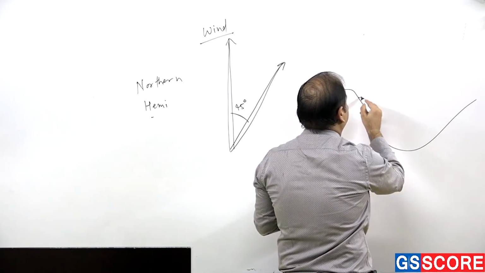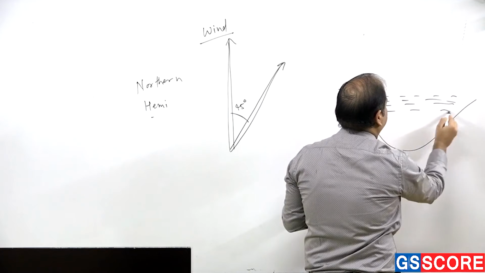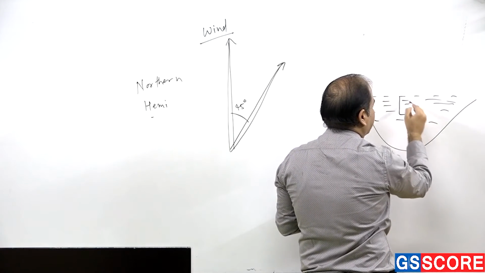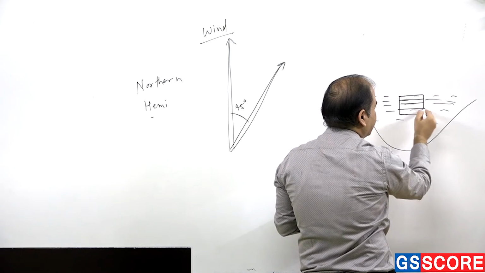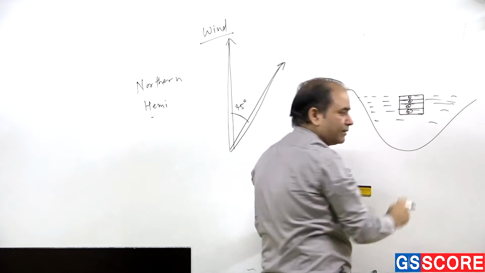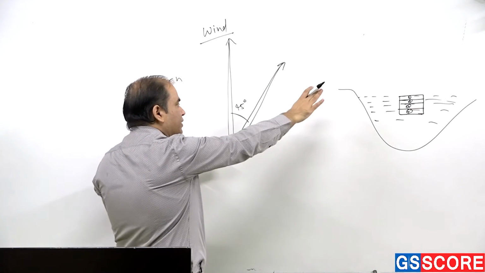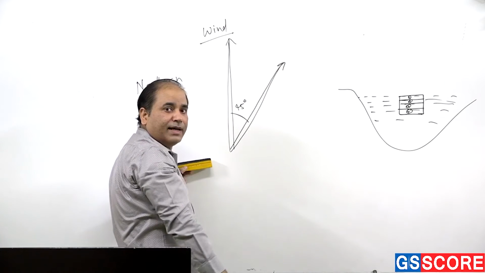So let's say it's your oceanic water. You just need to understand that this water has different layers. This is one layer, this is two, three, in this way. The topmost layer will get the highest energy, so its speed will be highest.